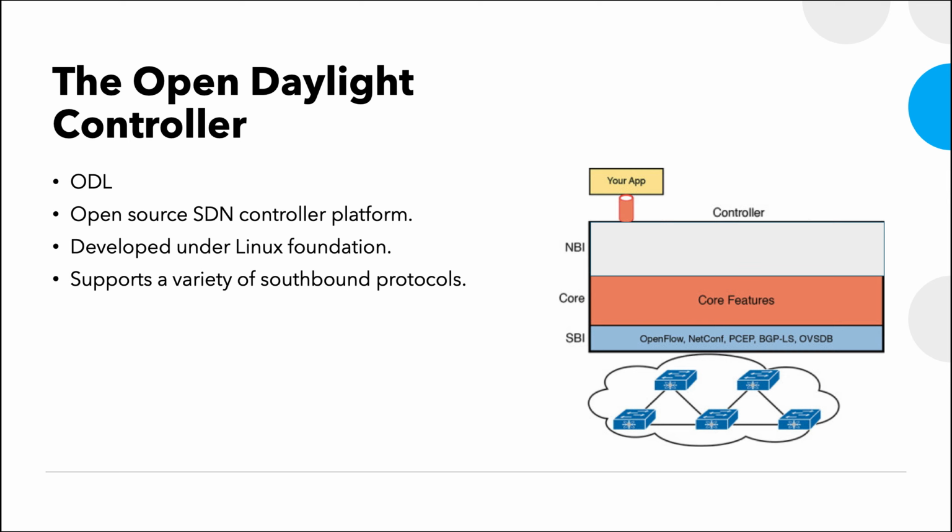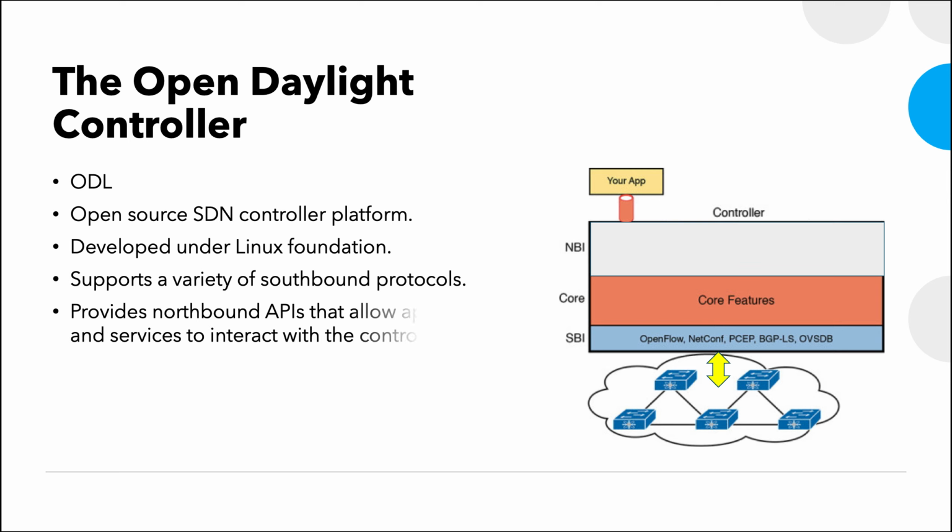This allows it to communicate with a wide range of network devices and infrastructure. If you see on the right side, these protocols or SBIs can communicate with different network devices. So ODL has many features with many SBIs and many core features.